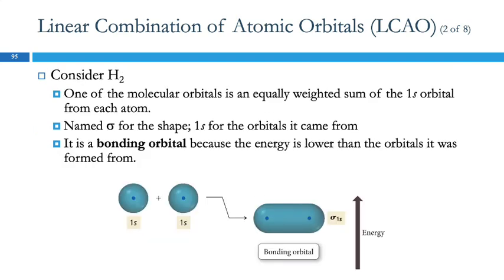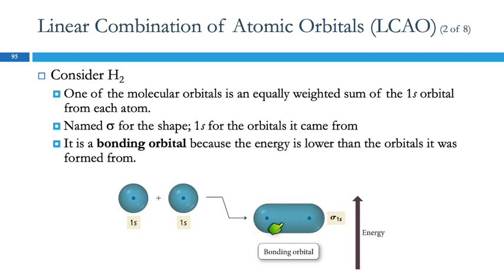So let's think about the simplest possible molecule, H2. A hydrogen has one electron in the 1s orbital, and this guy has one electron in the 1s orbital. So these are going to have equal weights, and we're going to add them together. We can add them together in phase, and we'll get something that looks like this. And that's going to have a lower energy than the original orbitals did.